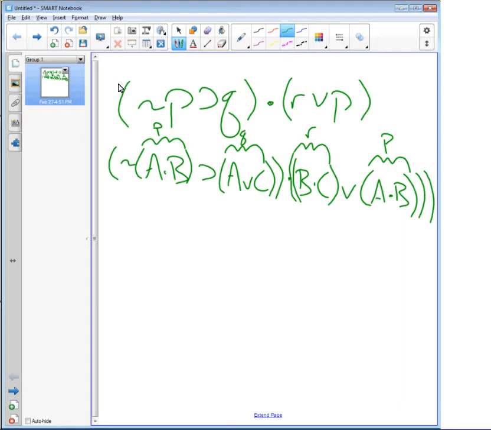Will it always be that P stands for another A dot B, or would P also be able to stand for just A or something like that? Yeah, it doesn't matter. It could be anything. So we could have had just A there, but it has to be the same all the way through.